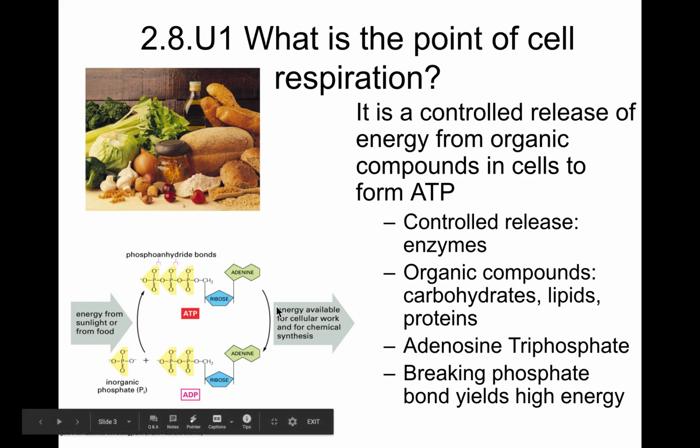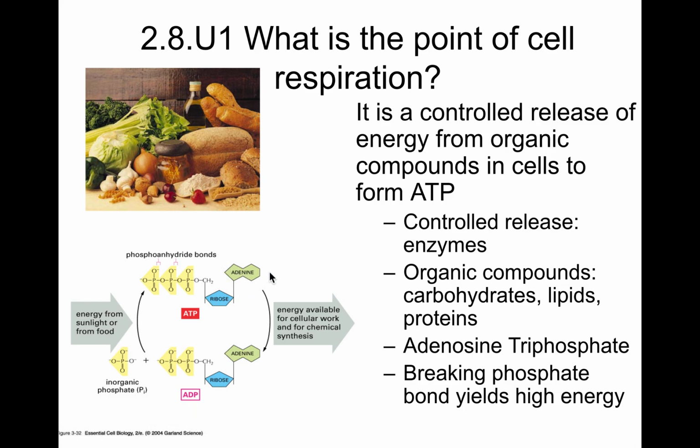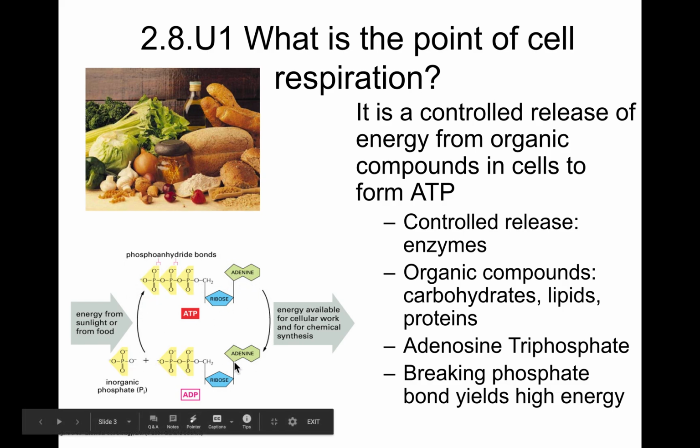So to just get familiar with what ATP looks like, here's an adenine and a ribose sugar, and then what's attached to it is 3 phosphate groups, okay? So this would be ATP. And when one of those breaks off, so if you look down here, this is called ADP, or adenosine diphosphate.